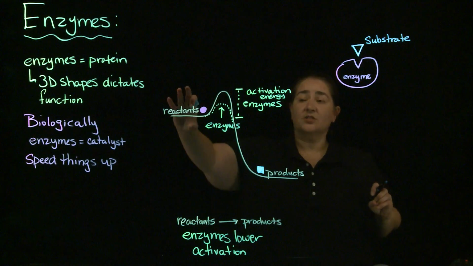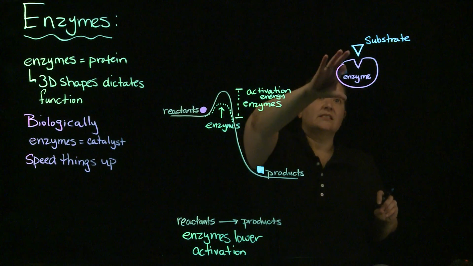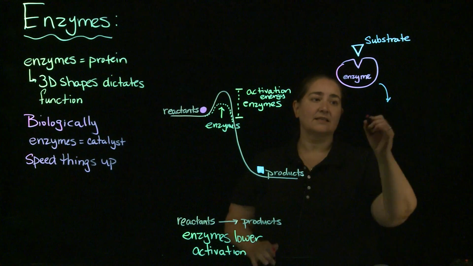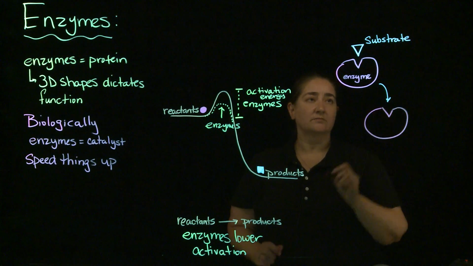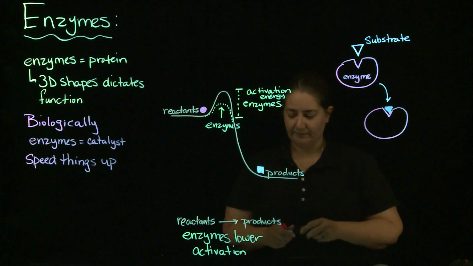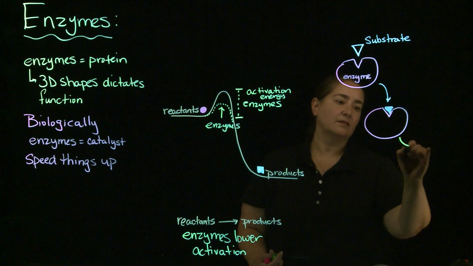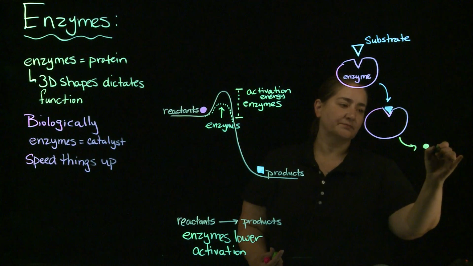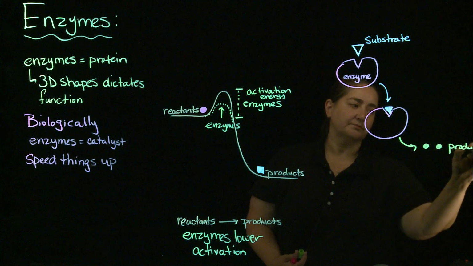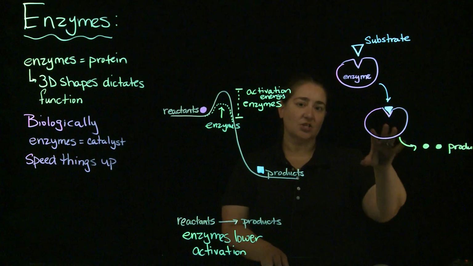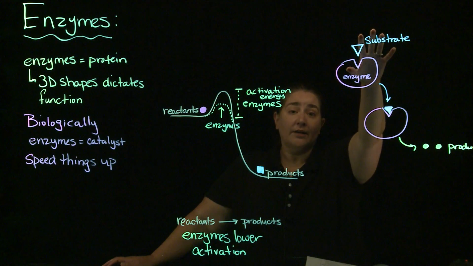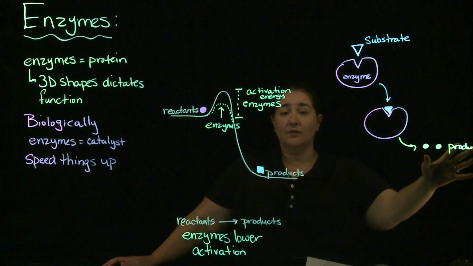The substrate, essentially, our reactant, it's going to interact with the enzyme, and what's going to happen, when that substrate sits in the enzyme, is that's going to create our product. Okay? And I've changed the shape there just to diagram that you're going from one substance to a different substance.